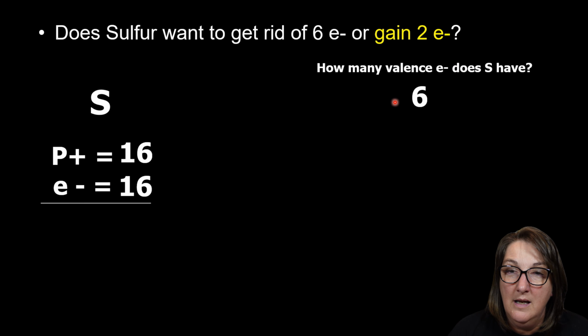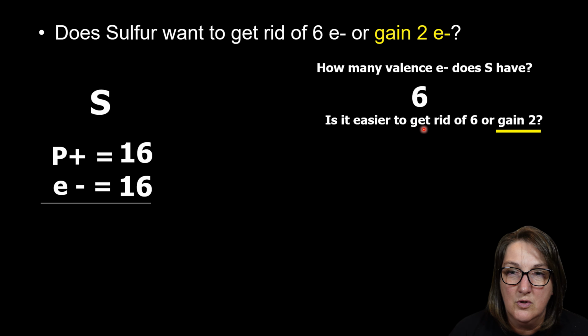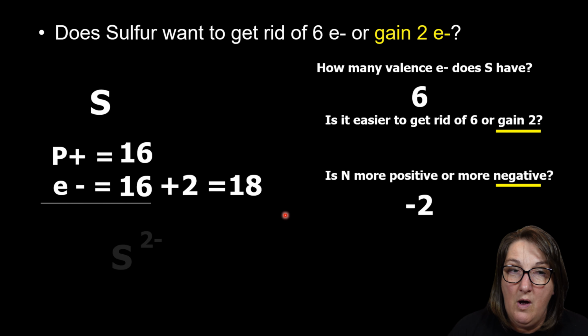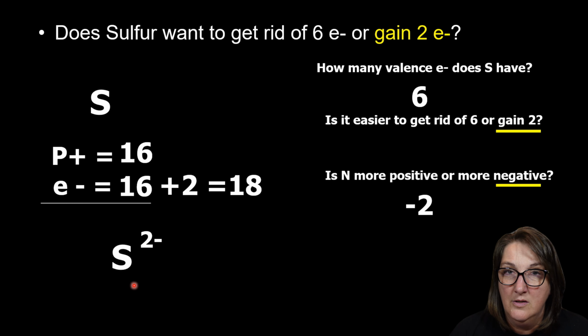But I want to get rid of this unstableness that it has. So I need to bring in those 2 electrons. Remember, I'm going to gain 2 electrons. If I gain 2 electrons, am I going to be more positive or more negative? I'm going to be more negative by 2. So I would write this out as S2 minus.